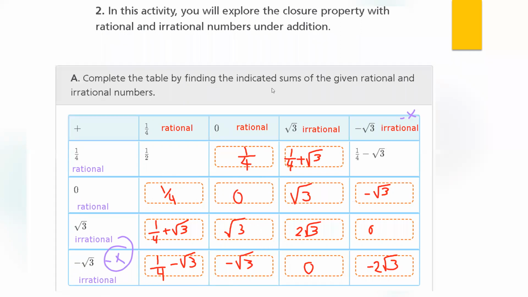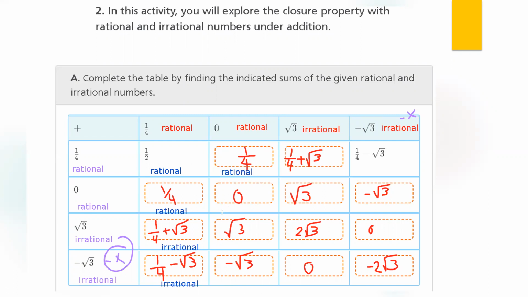So now let's repeat. We said here that it is rational. The second one, rational plus rational is rational. Here it is irrational. Here it is irrational, as we said before. Rational with rational, the answer is rational.